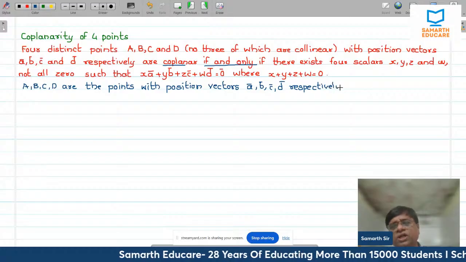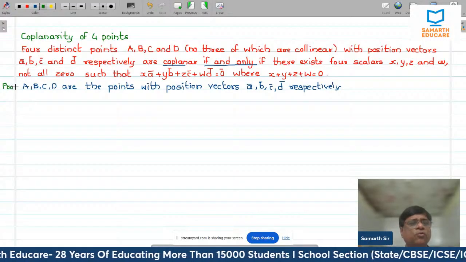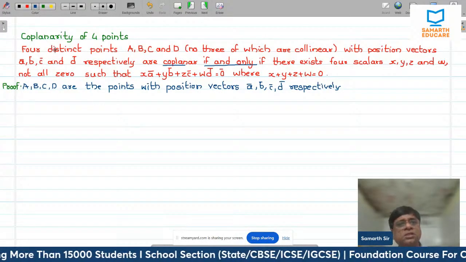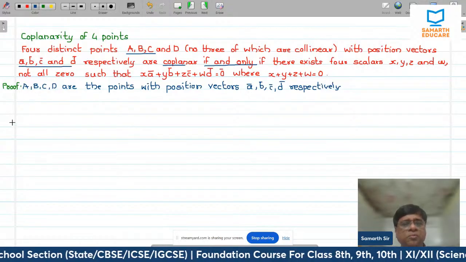Right? We have already started with the proof part, so I'll write here proof. Okay. Now, this is mentioned in the problem.